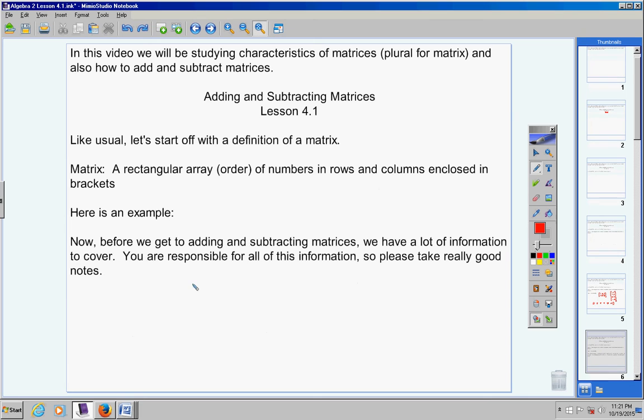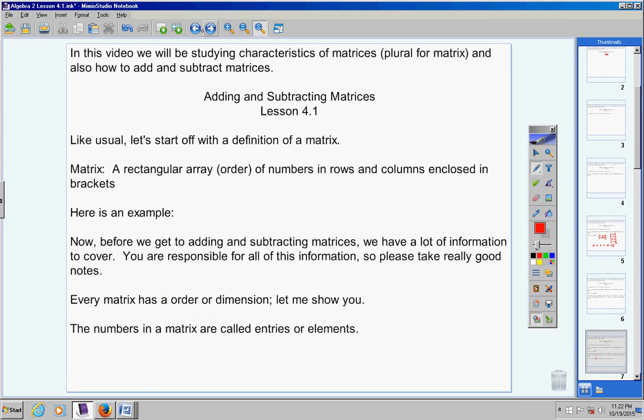Now, before we start adding and subtracting matrices, we have a lot of information to cover in this video. You are responsible for all of this information, so please take really good notes, okay? First of all, every matrix has an order. Every matrix has an order or dimension.